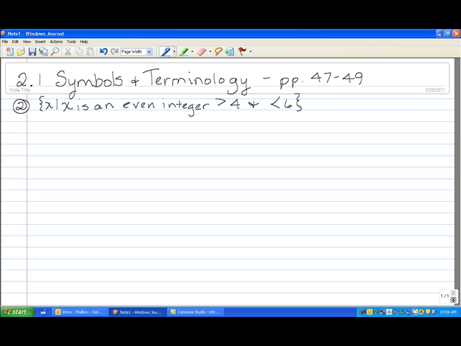I'm going to use symbols there. Okay, so if we think about even integers greater than 4, that would start with 6, and even integers less than 6 would start with 4 going in the opposite direction. So it turns out we have none, so that would be the empty set, and that is answer G.